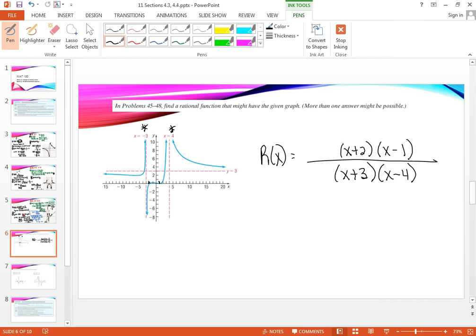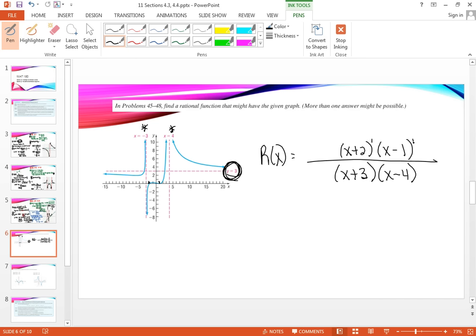And all right, now what? Where does this come into play? If there's a horizontal asymptote at 3, the only way I can get a horizontal asymptote that's not on the x-axis is if the degree of the numerator and the degree of the denominator are the same. Okay, well that's cool.